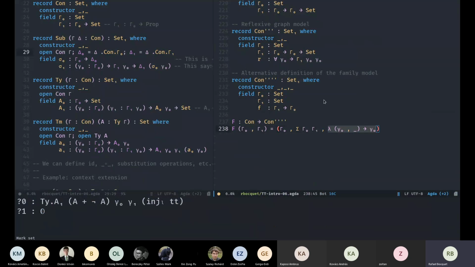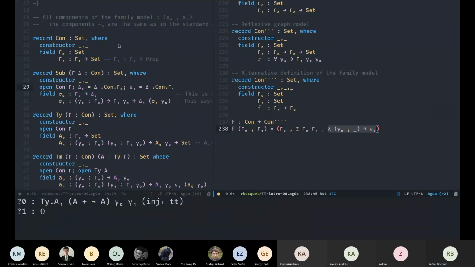So this is the correspondence in type theory between families and, I guess, fibrations, so a definition of family where dependencies are encoded by some additional function.